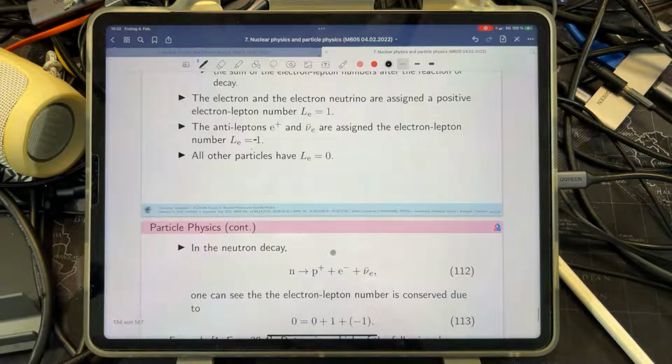And for example, if you consider the neutron decay, right?